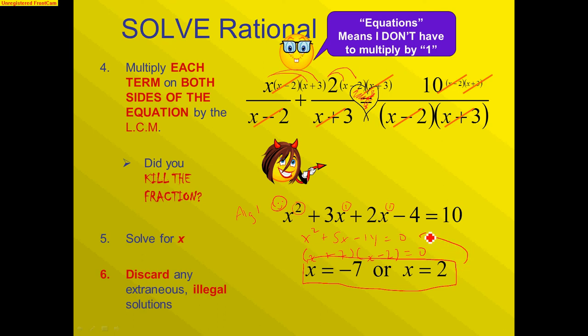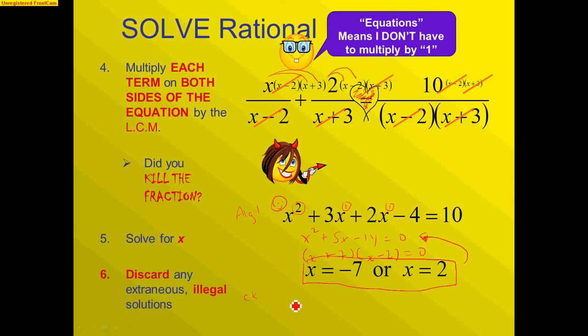If you think you are done here with 2 solutions, these 2 solutions are the solution of this quadratic. But hello, is this quadratic the problem I started with? No. I need to take both of these solutions back to the very original problem. What was the original problem?